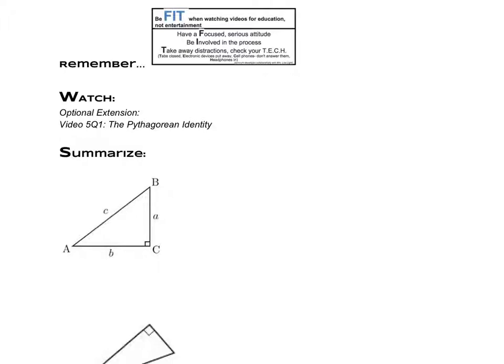And it's really necessary for you to understand where this identity comes from in order to view the next extension video, which is video 5Q2, and that is actually a proof of the Law of Cosines, which is the rule that we use and the equation that we use when we are dealing with a non-right triangle. So here we go.